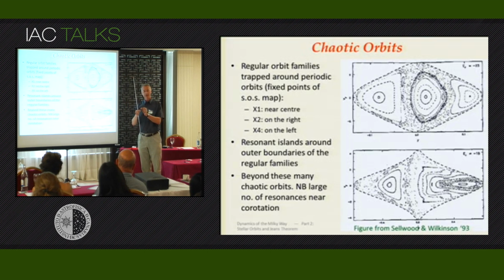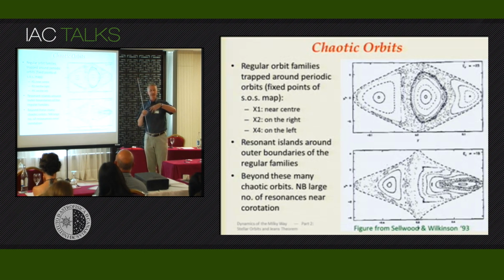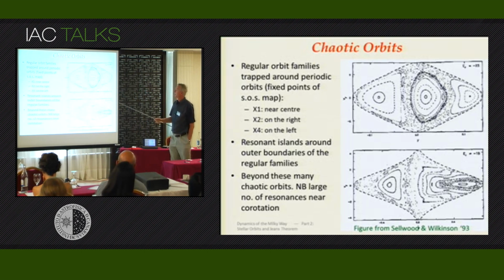There's a concept called resonance overlap due to Chirikov, which describes that. And so if you imagine the influence of one resonance growing in the phase space, at the same time the influence of the neighboring resonance growing in phase space, at some stage the influence region of both the resonances will overlap.